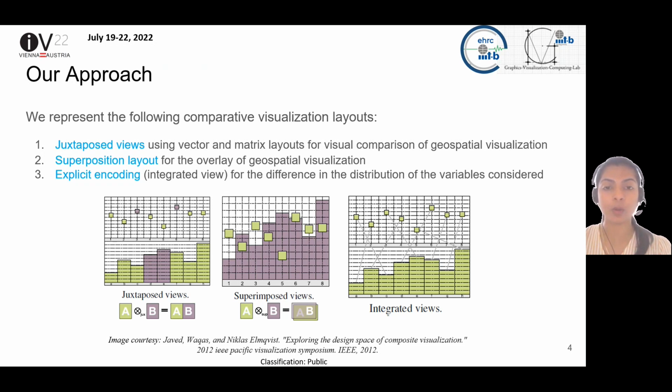B, superposition layouts for the overlay of geospatial visualization. And C, explicit encoding for difference in distribution of variables considered. Of these, explicit encoding and juxtaposed views use global comparisons and the overlays use the local ones.